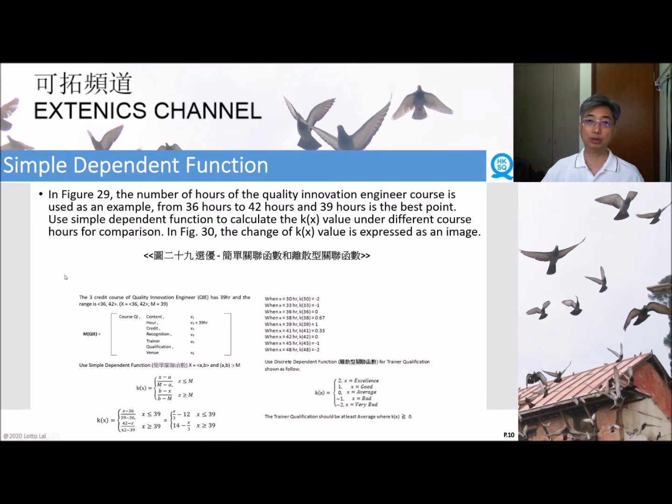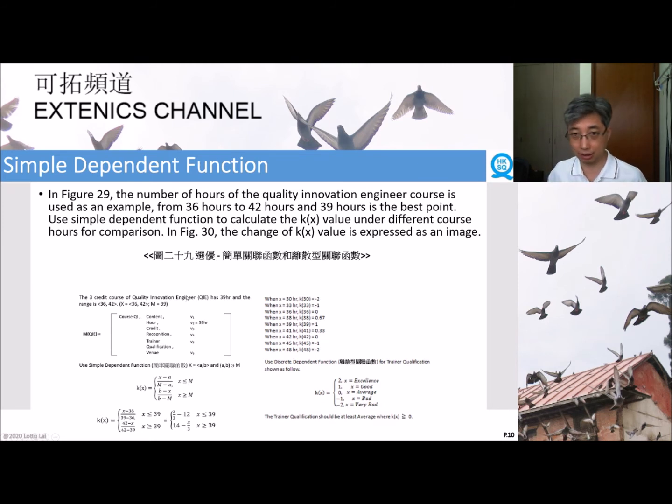For example, we use the number of hours of a quality innovation engineering course as an example, and the limit of the period of this training course is from 13.6 hours to 24 hours for the whole course. And then we find the middle point, which is the best. Use the simple dependent function to calculate Kx, the dependent function value under different course hours, to compare.